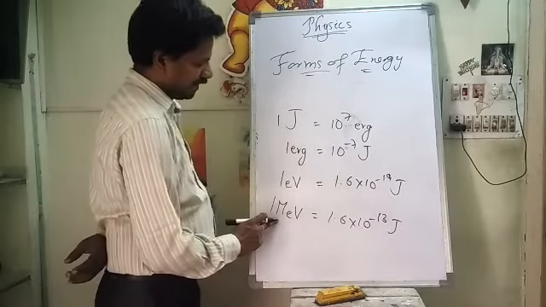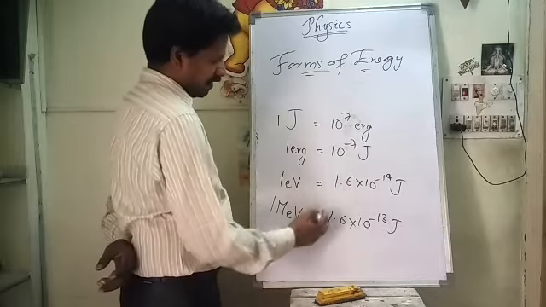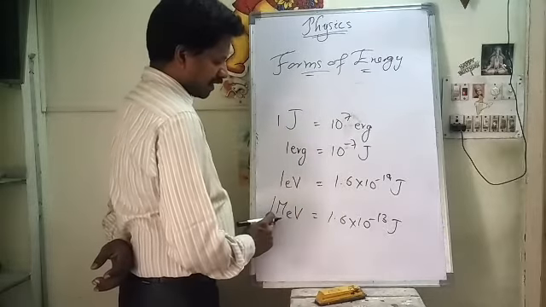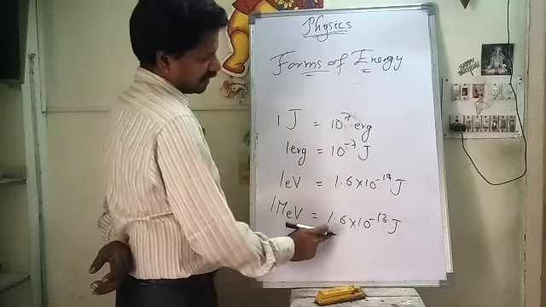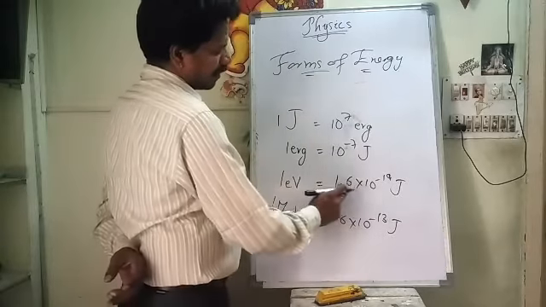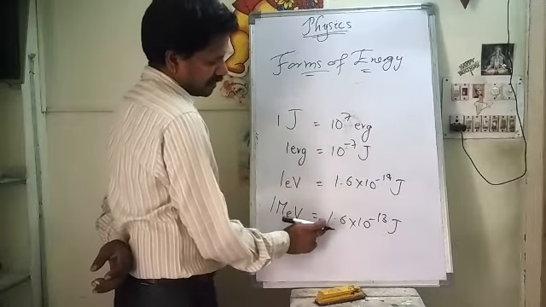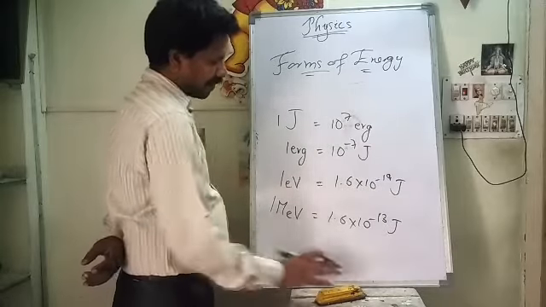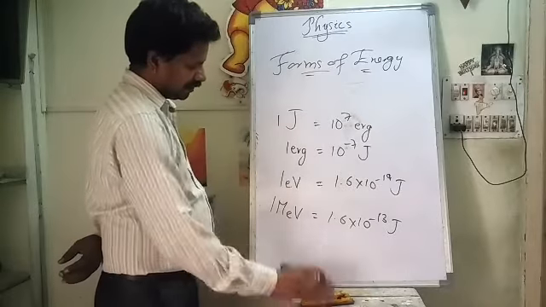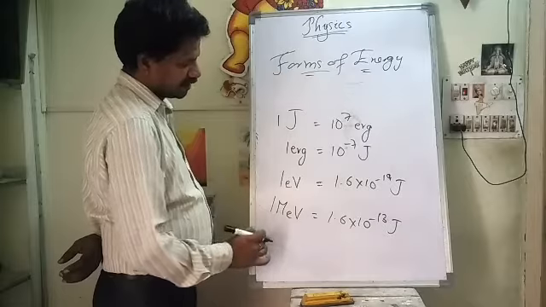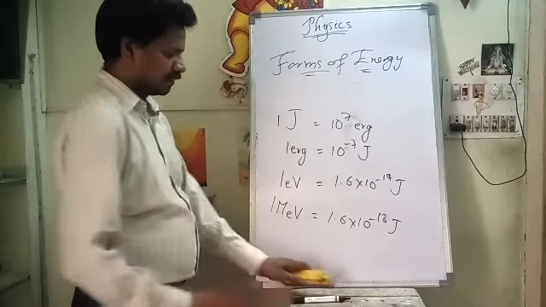That means 1 million means 6 zeros. Actually, 1 million electron volt equals 10 power of 6 into 1.6 into 10 power of minus 19 joule. That's why after cancellation it is 1.6 into 10 power of minus 13 joule. These are units of work.